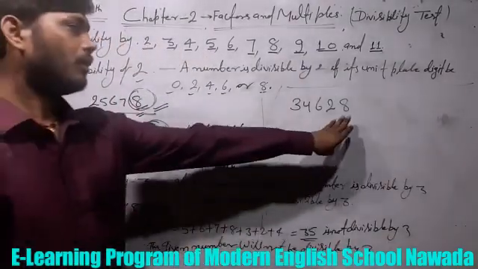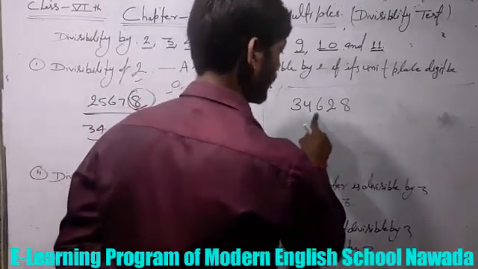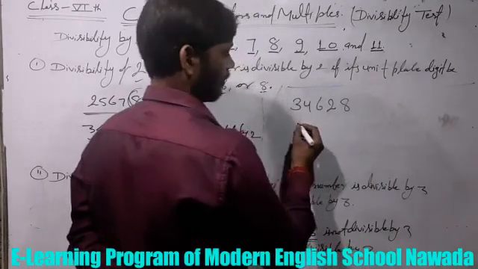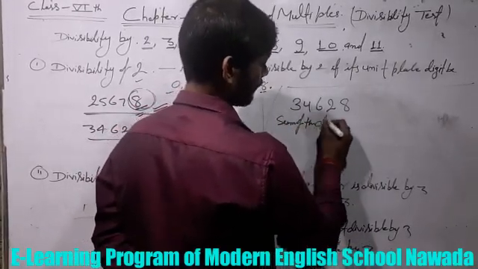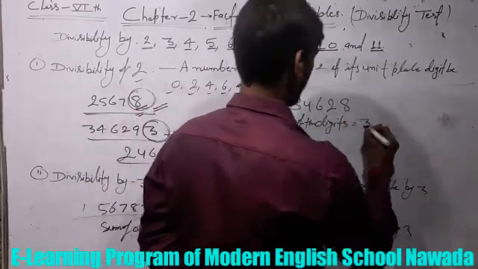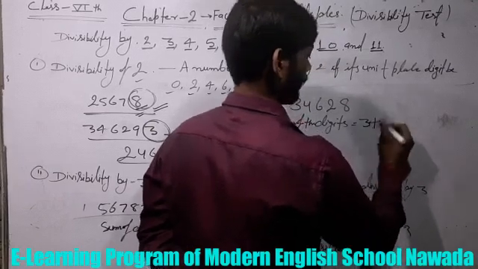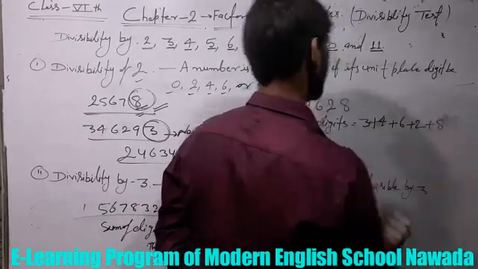But if we write the number 2634628, observe the sum of the digits: 2 plus 6 plus 3 plus 4 plus 6 plus 2 plus 8.